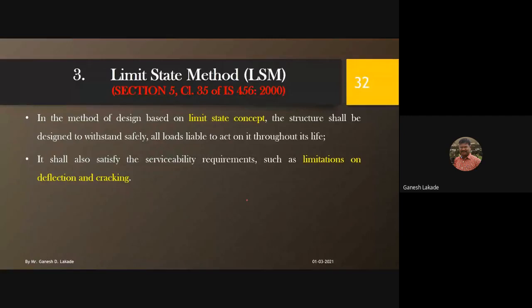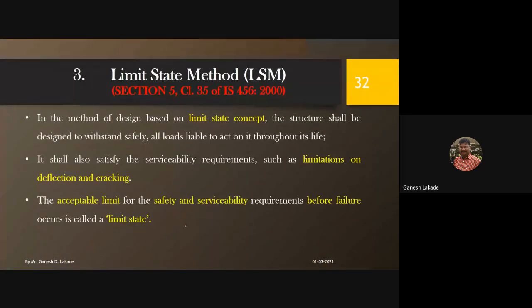These are some points which I have already explained, that in the method of design based on limit state concept, the structure shall be designed to withstand safely all loads liable to act on it throughout the lifetime. It shall also satisfy the serviceability requirements like limit state of deflection and cracking.